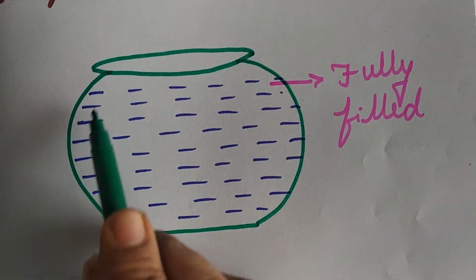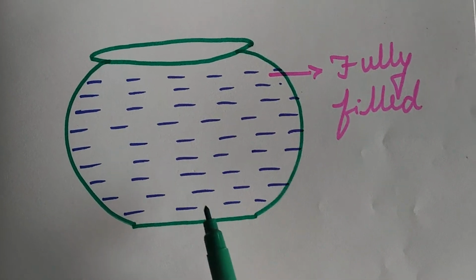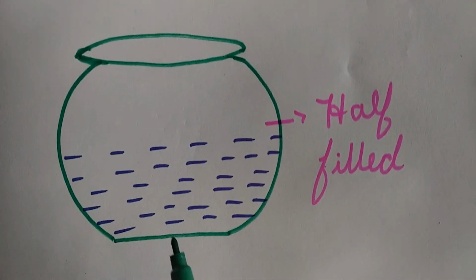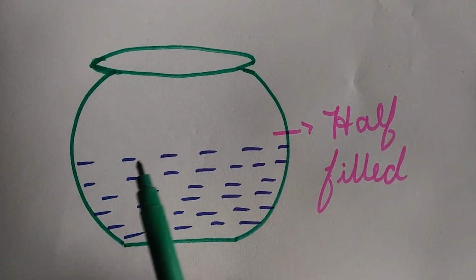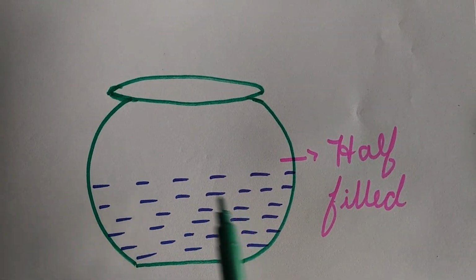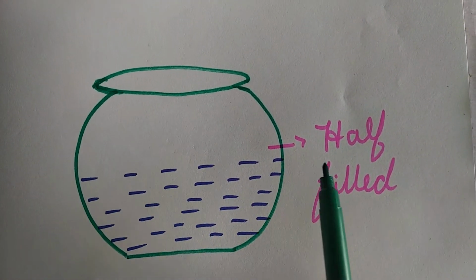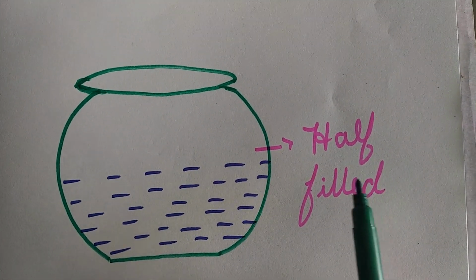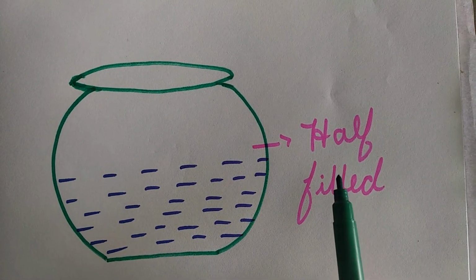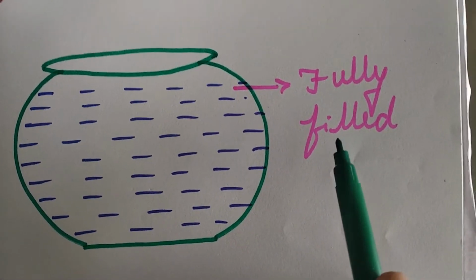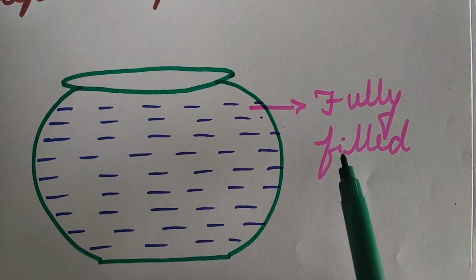Now see the second figure. See how much water is there. Only half, isn't it? Yes. So this we call half filled, and this one we call fully filled. Okay?